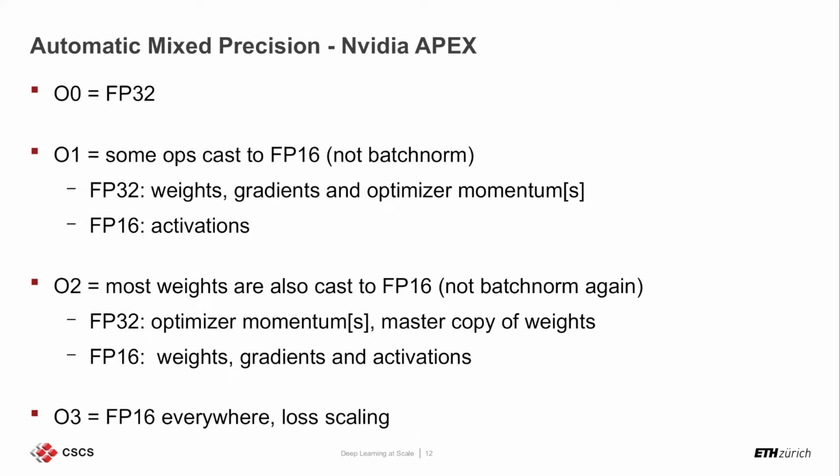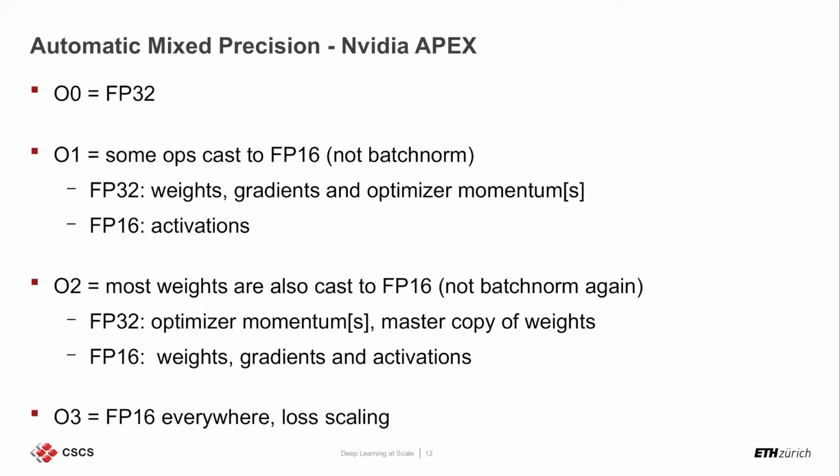But the optimizer momentums are going to be kept at single precision, and it also keeps a copy of all the weights before they were cast, and it keeps synchronizing the weights from float 16 to 32. All right.